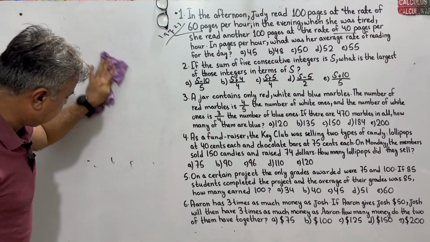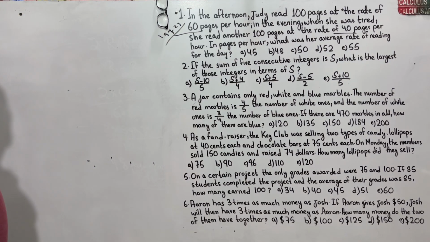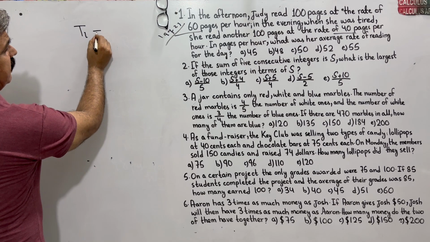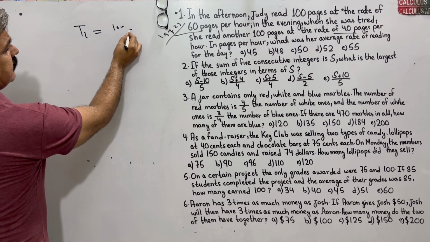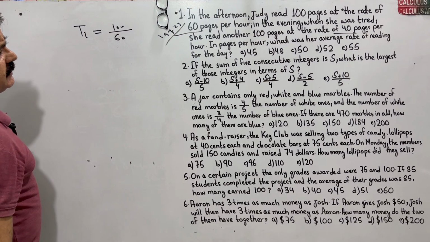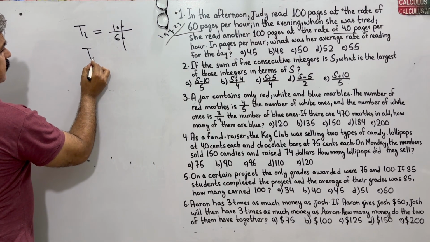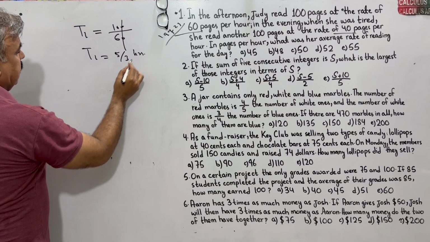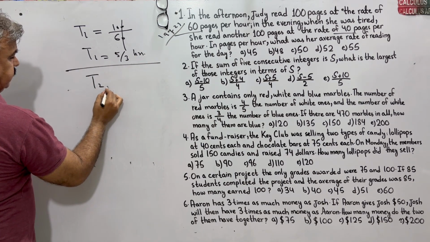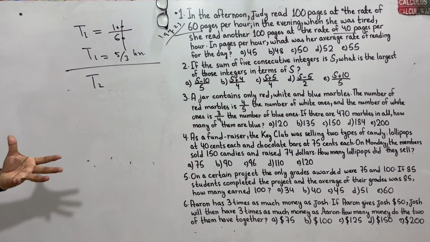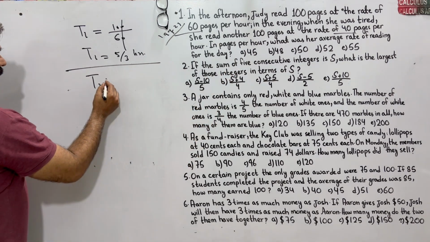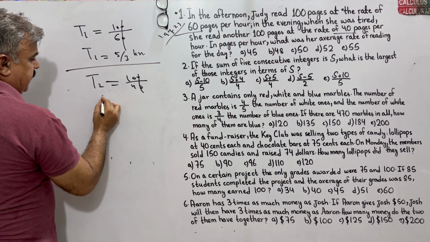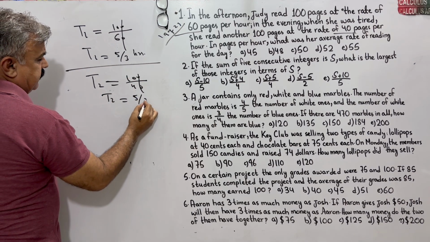Find the time for event 1: 100 pages at the speed of 60 pages per hour, cancel out, applying the table of 2, 5 over 3 hours. The second time is the same 100 pages at a different rate, 40. 100 pages divided by 40, cancel, apply the table of 2, it is 5 over 2.